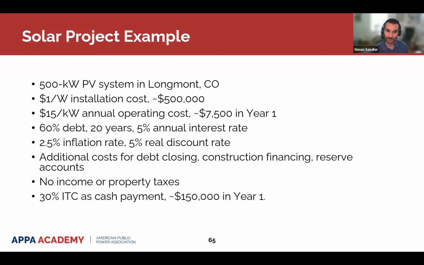And then we're going to say in terms of operational, these assumptions, right? To operate the system, there's kind of O&M costs on an annual basis. And we're going to say we're going to do a mix. We're going to do 60% debt, so you're going to pay 40% of the project up front, over a 20-year term, at a 5% interest rate, with a real or an effective rate that is 7.5% when you combine inflation and real discount rate, so that nominal rate.